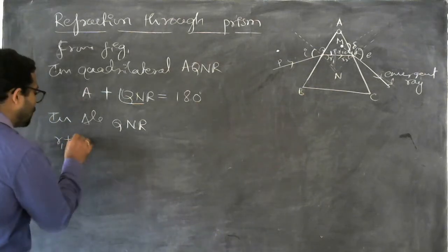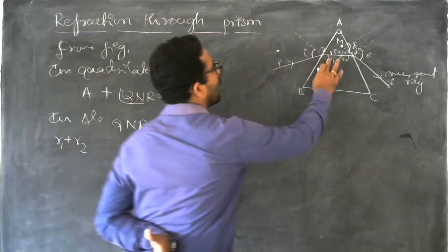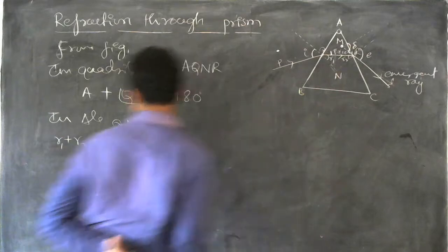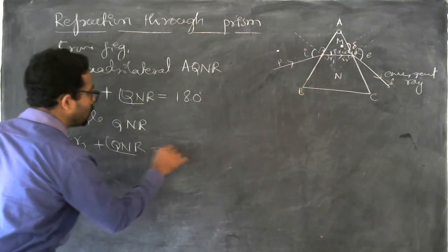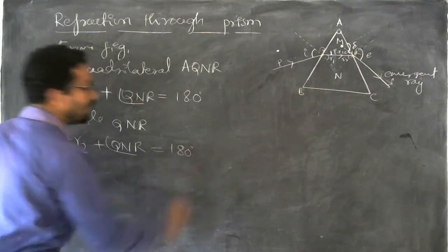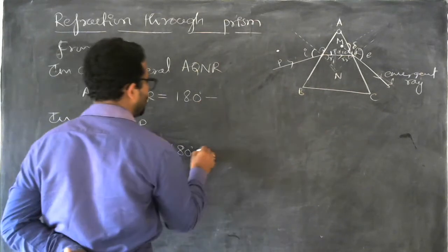So r1 plus r2 plus angle QNR should be equal to 180 degrees. Now we got two equations.